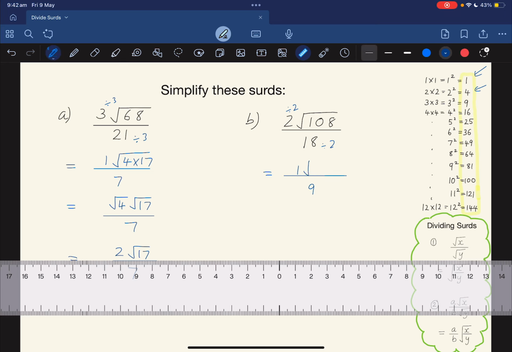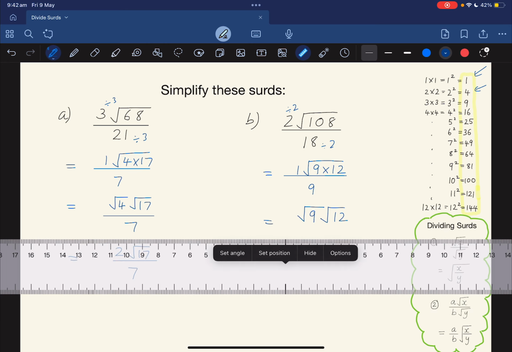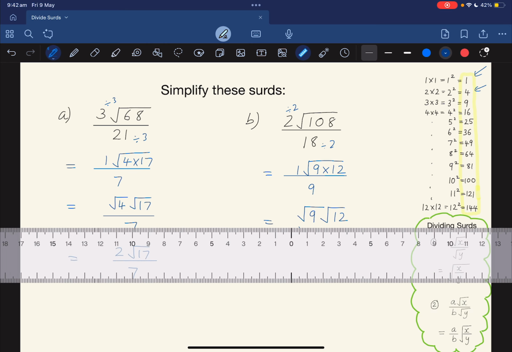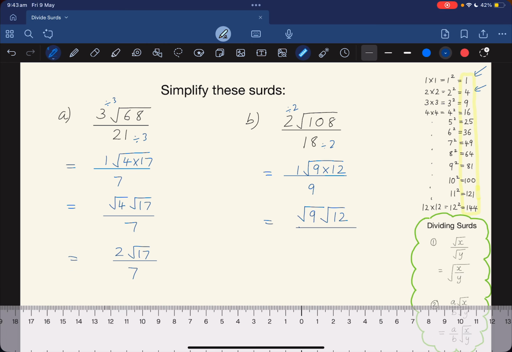And then I happen to know my times tables for this one, and I can write 108 as a product of 9 times 12. Root 9, root 12 over 9. Simplify under the square root.